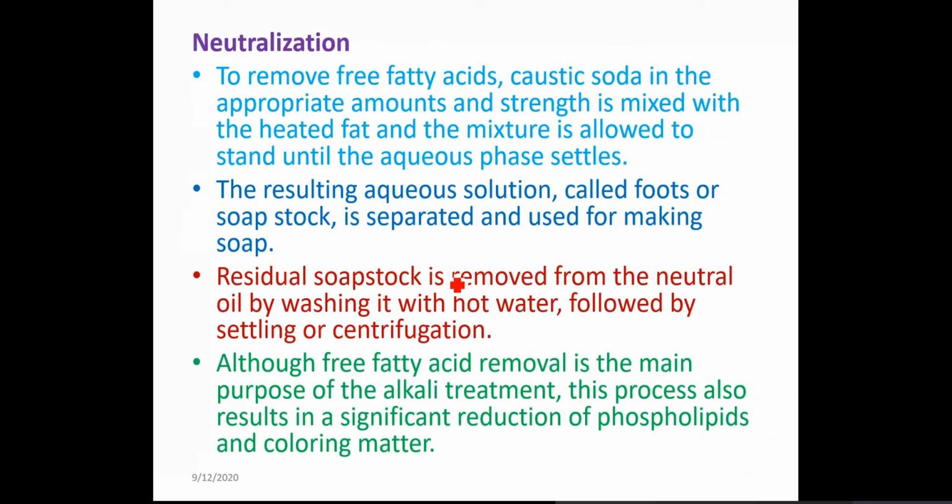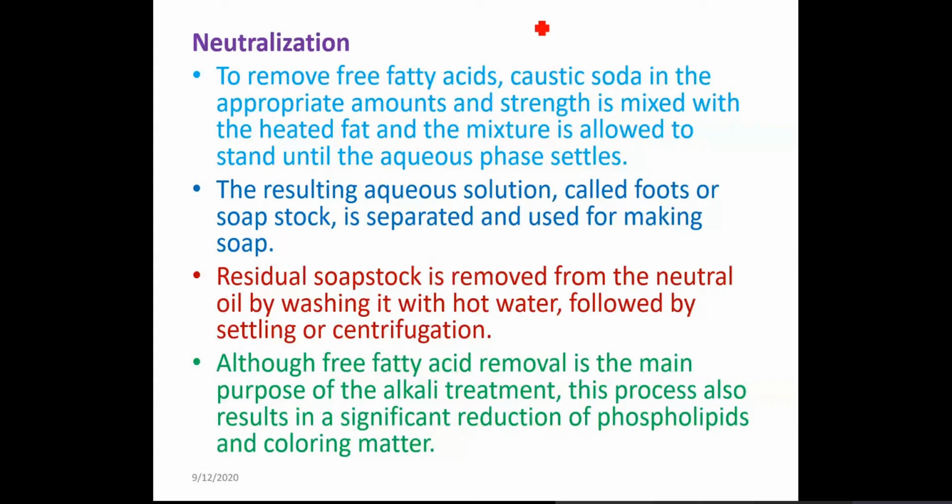Then you have a phase called neutralization, to remove the free fatty acid. As I mentioned before, where has this free fatty acid come from? It is naturally in the seed, either due to hydrolytic rancidity, because there is already moisture present in the seed. As I explained yesterday, in the presence of water, triacylglycerol molecules are converted into di-, and di- into mono-, and mono- into free fatty acid.